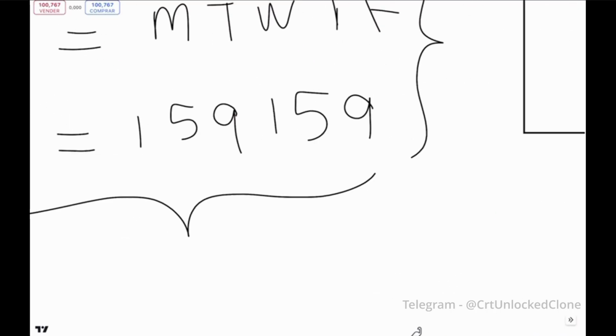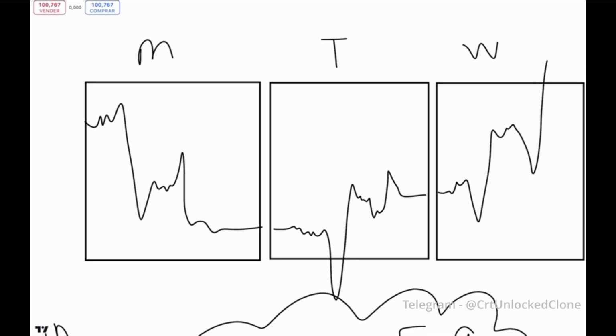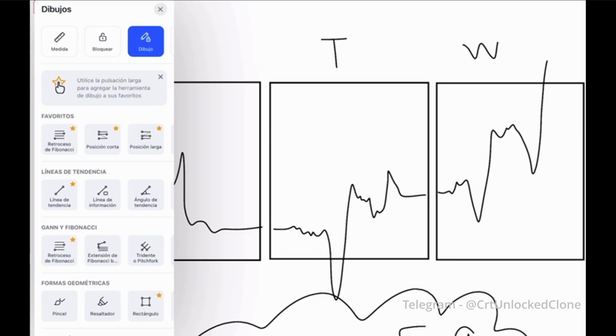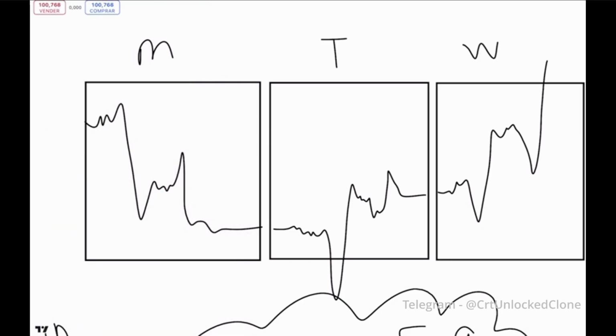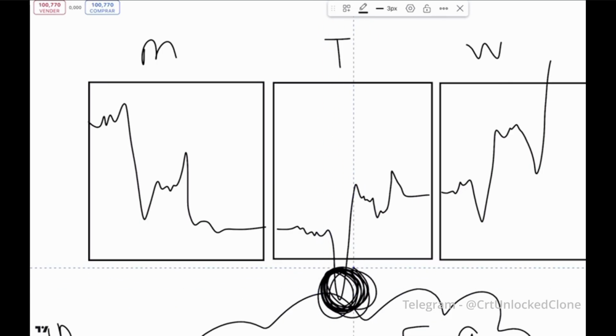All right? Now, within each candle, candle number 2 is the candle which will have the turtle soup. Right? This, the most advanced entry model.